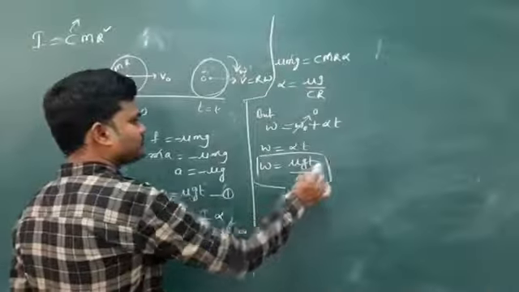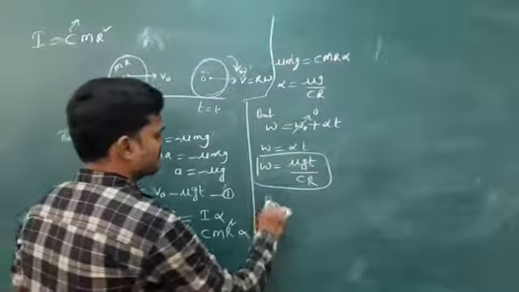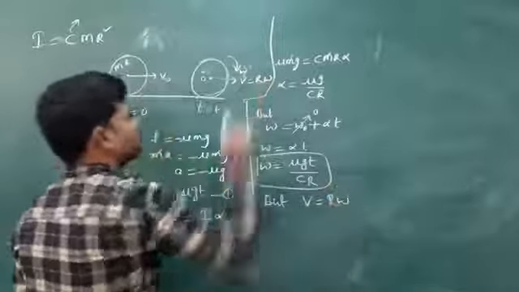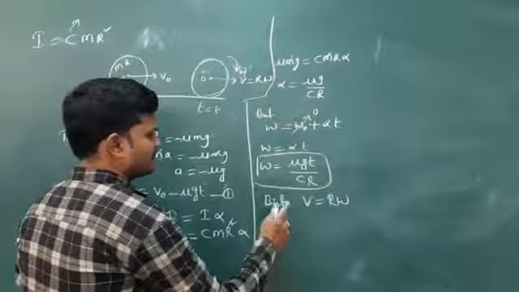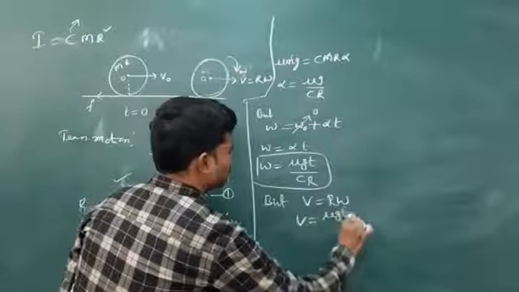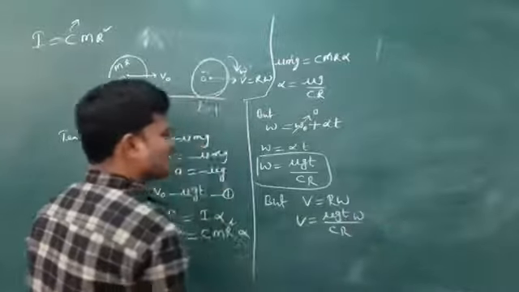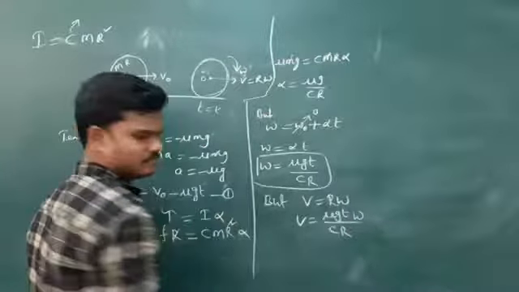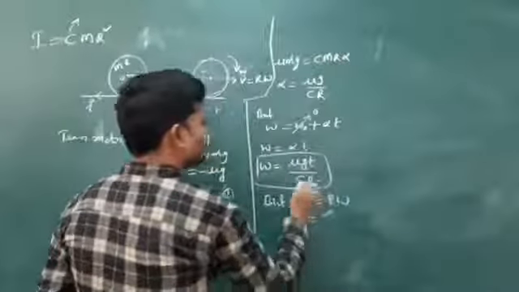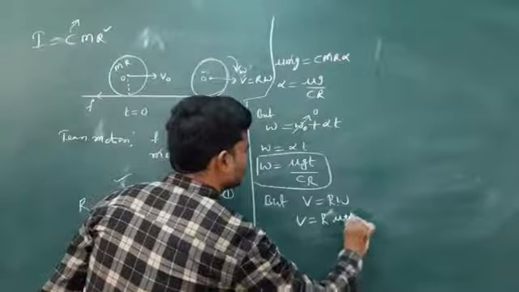Substitute this omega, v is equal to r omega, because this condition must be satisfied. The r will cancel, so r omega is mu g t.